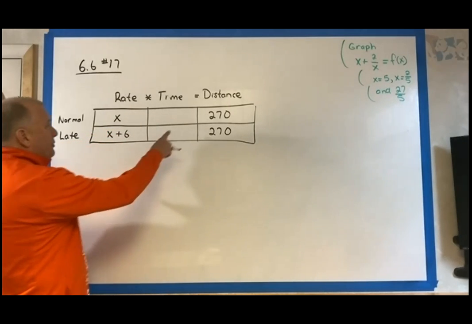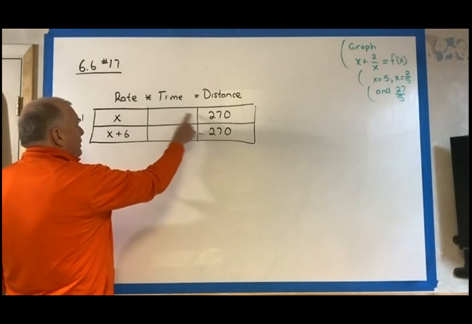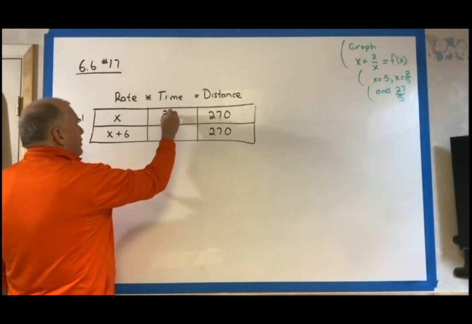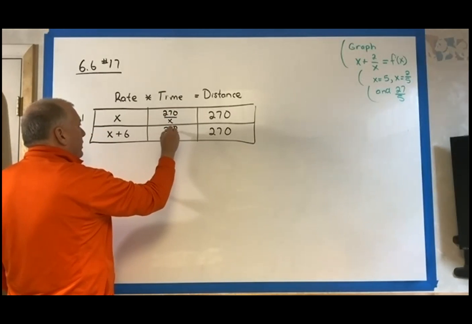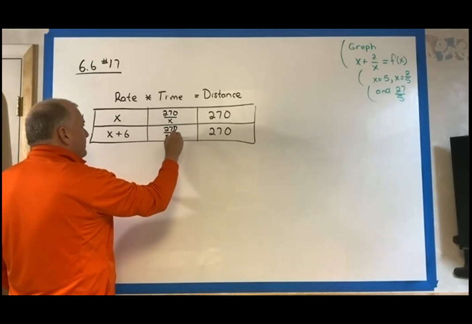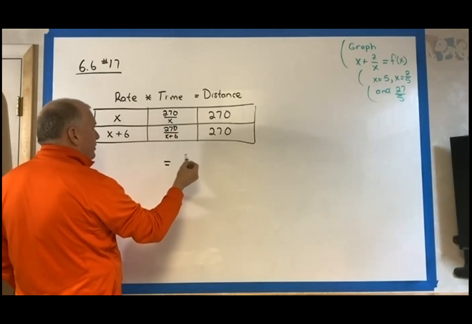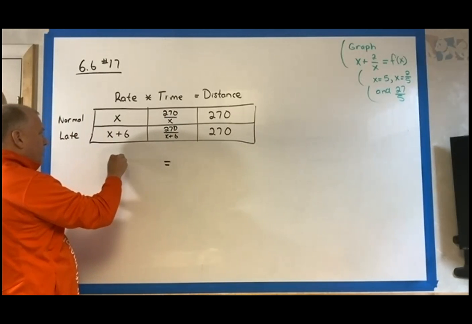So what differs? Remember how you can fill in the middle? In the problem we did, 270 over x, 270 over x plus 6. And now here's the key trick.